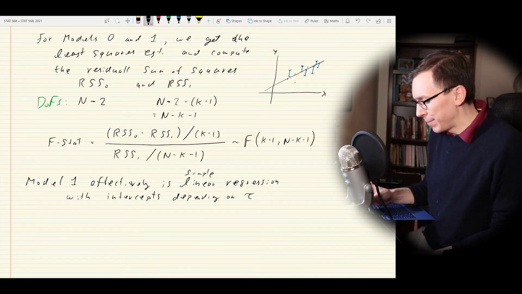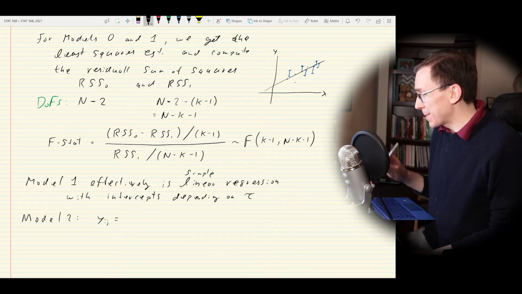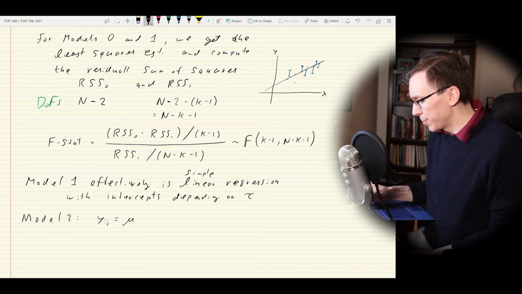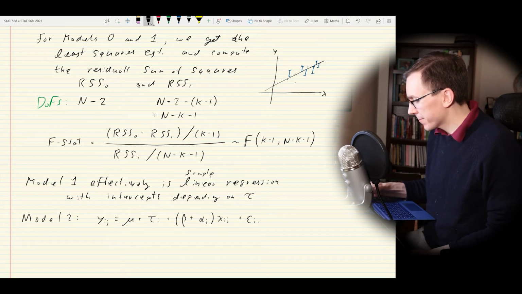But we can actually complicate this even more, and we can consider model 2, which is going to be the same thing as model 1, except I'm going to have one more additional parameter in here. I'm going to have a tau i as before, but now I'm going to have a beta plus alpha i, x_ij, plus epsilon_ij.